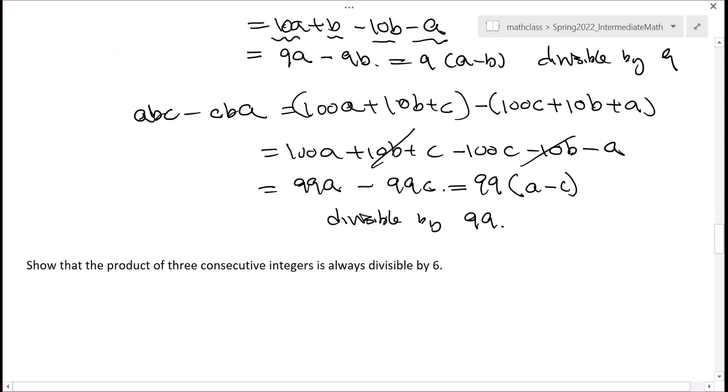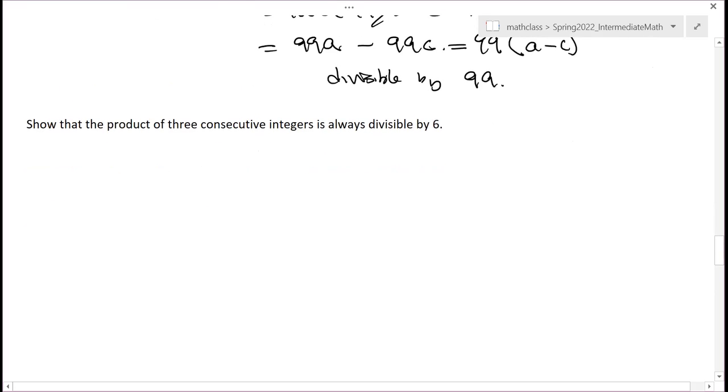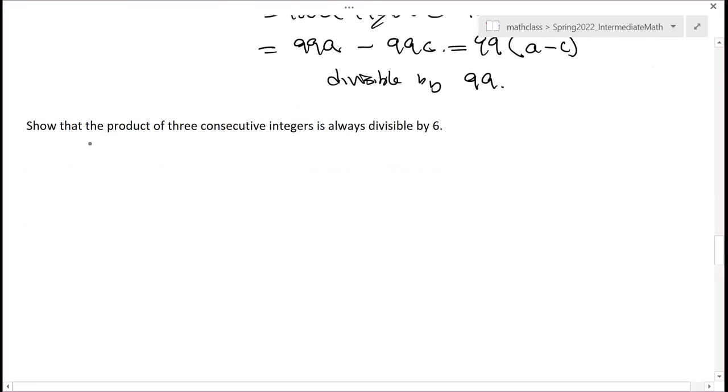All right, so our next problem is still a proof: show that the product of 3 consecutive integers is always divisible by 6. Now, how do we explain that? Well, before you solve the problem, look at an example to see why this is always true. You can begin with 5 times 6 times 7. Yes, divisible by 6 because there's a 6 here.